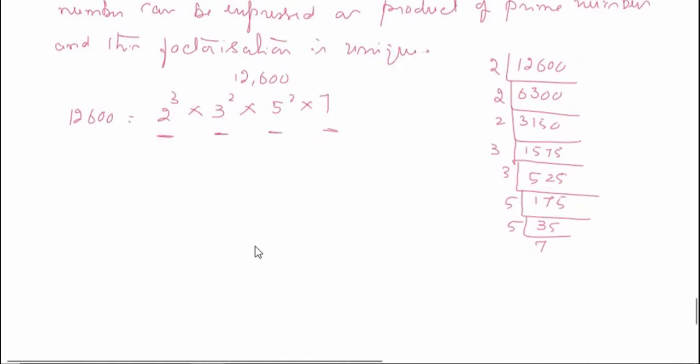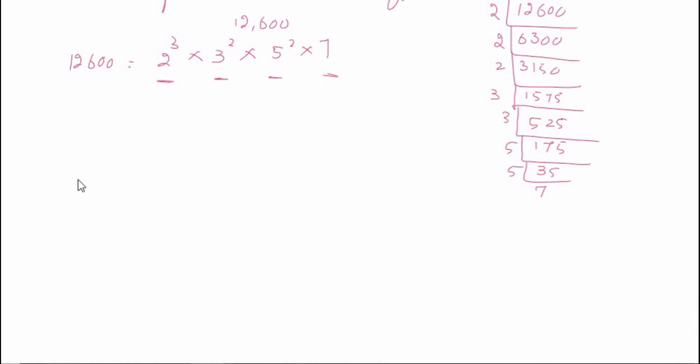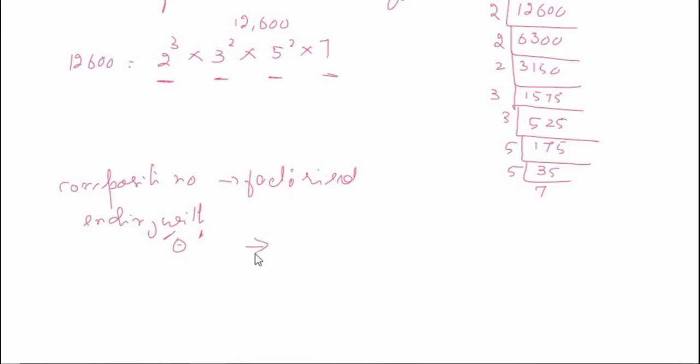Some observations here. If any composite number ending with 0 is factorized into prime factors, then its factors will have at least one 2 and one 5.